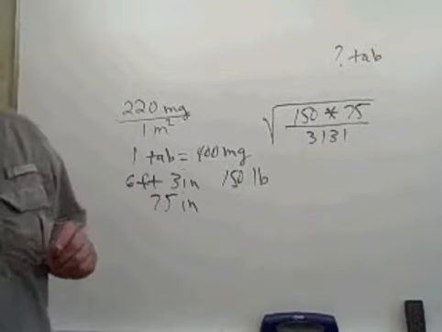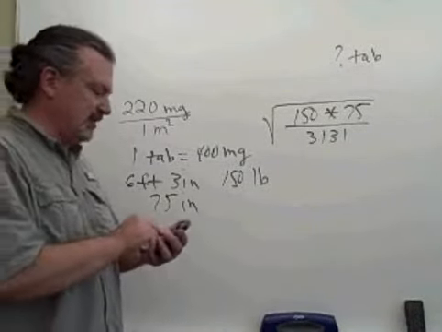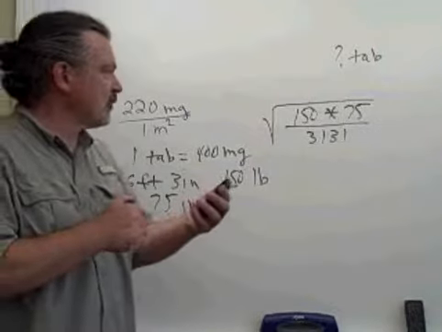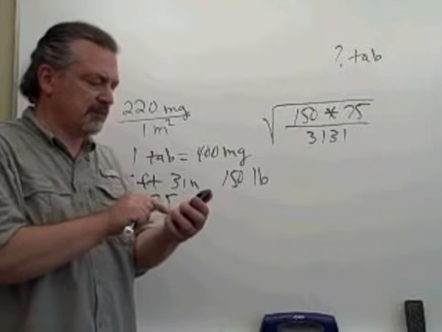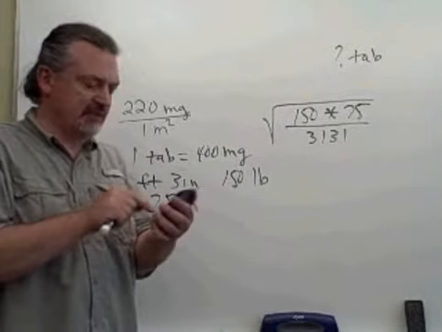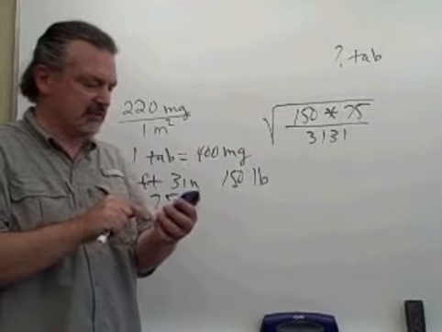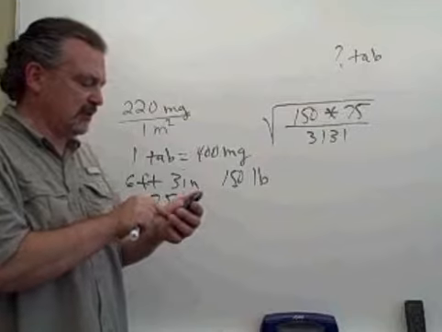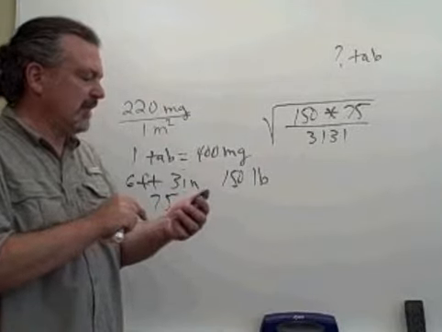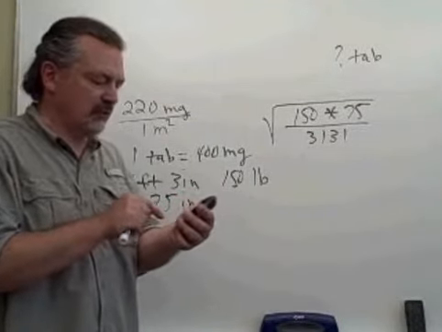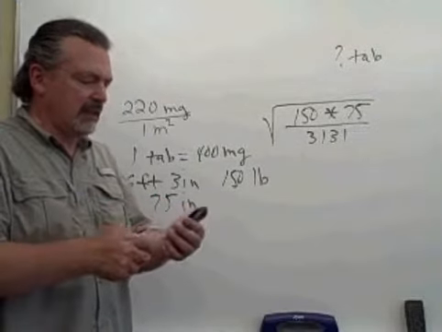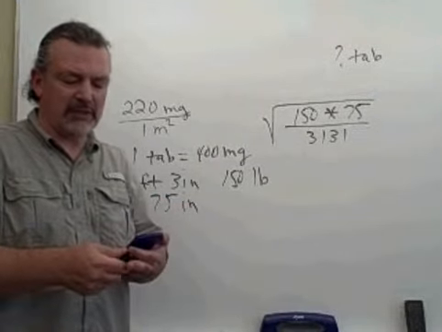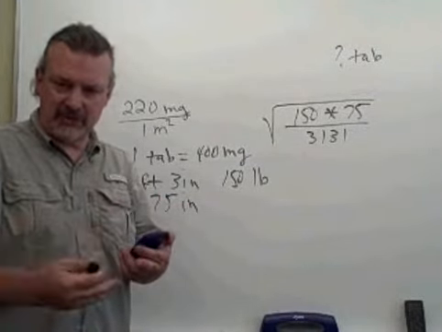So we need to do this arithmetic to determine the body surface area of this patient. We take our calculator, 150, the patient's weight, times 75, the patient's height in inches, divide that by 3,131, and then take the square root of that. The square root is 1.8955, and so on.